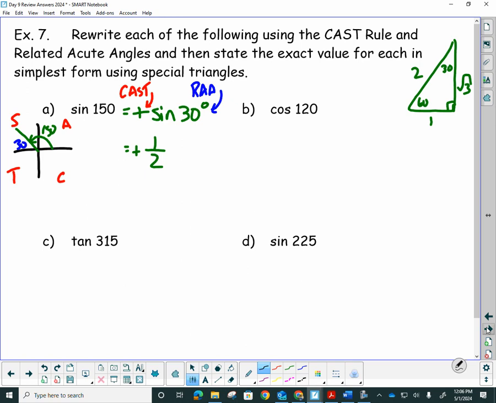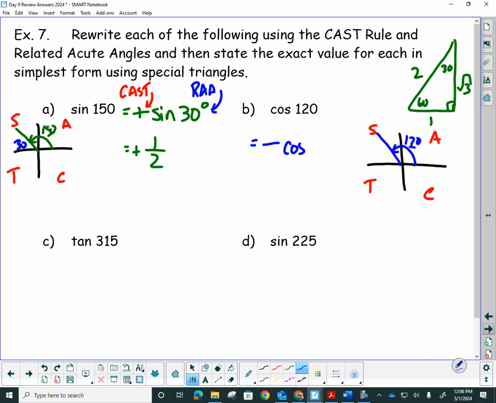Let's try and do 120 now for cos. Cos is also in the second quadrant. So we're doing something like that. But since it's in the second quadrant and I'm asked to find cos, only sine is positive in the second quadrant. So this time it is negative cos, and I need the related acute angle. This is 120 degrees.